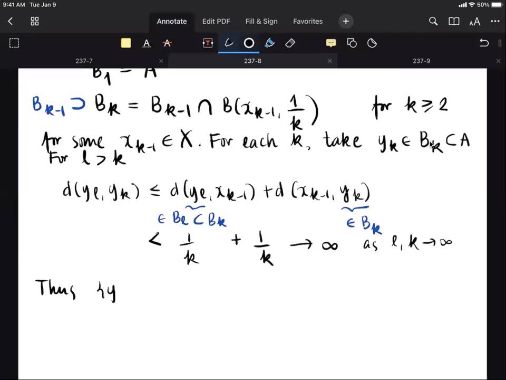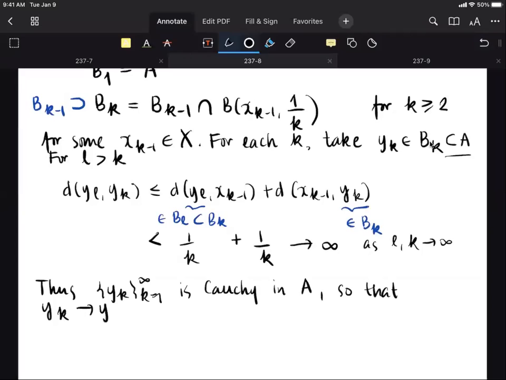So we have established, or at least constructed, a Cauchy sequence in A because these elements are in A, and by completeness of A, this must converge to y for some y in A.